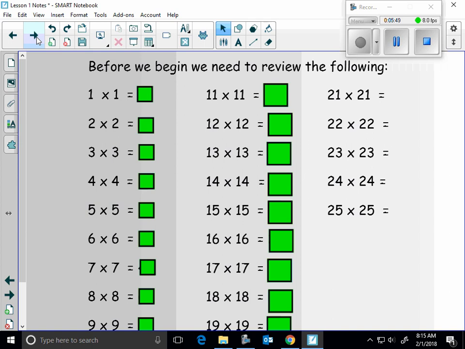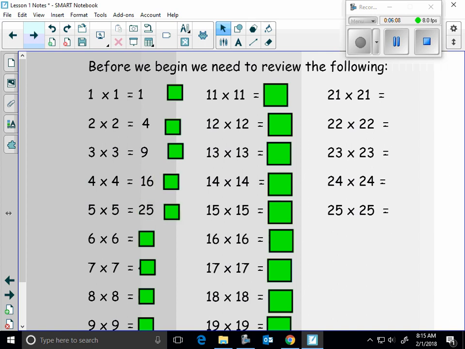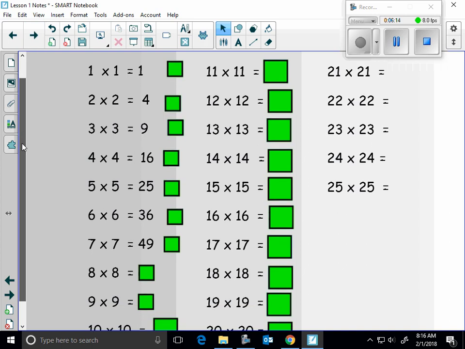Okay. Let's talk perfect squares just for a moment because you're going to need to know these. If you're proficient up to probably 13 squared, you're good. So I think we can all agree that we know 1 times 1 is 1, 2 times 2 is 4, 9, 16, 25, 36, 49. Let me keep moving here. 64, 81, 100.